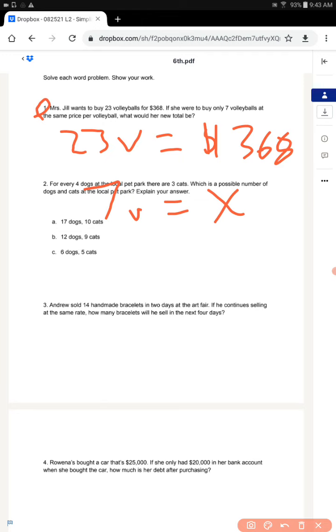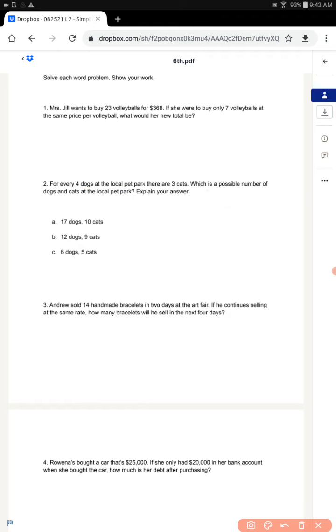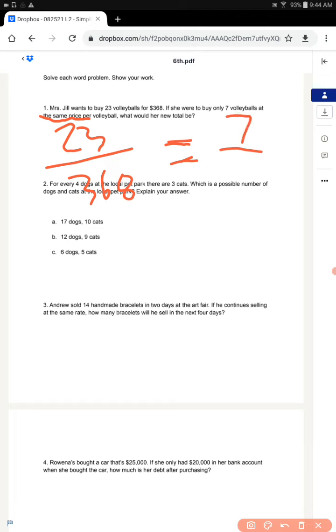So what we can do is set up a proportion. 23 is equal to 368, and at the same rate, because the volleyballs are the same price. So we put an equal sign here, and we set a proportion, so 7 volleyballs, and we're trying to figure out what this price is, x.